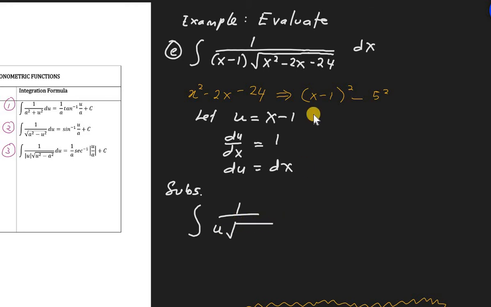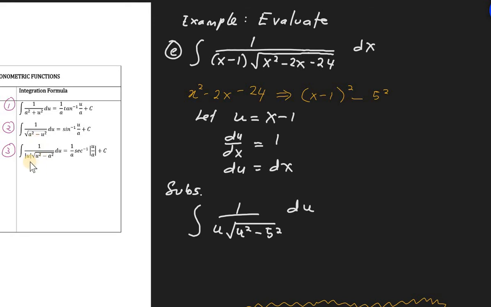And since we have changed this radical, this radical is in the form of x minus 1 square. x minus 1 is the u square minus the 5 square, and the dx is du. After you can get it, then we can compare to the format.